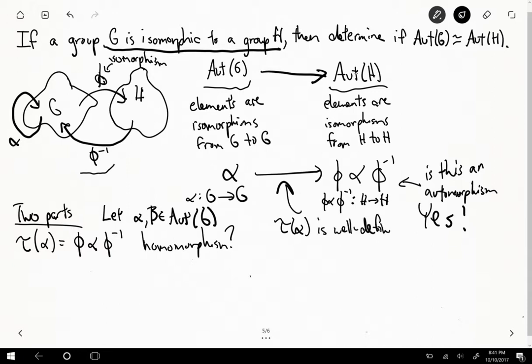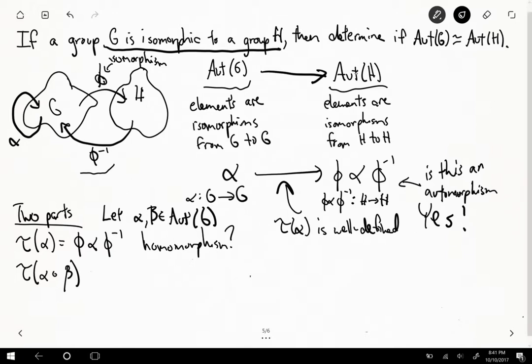So yeah, the question was, can we refer to this as a proof of transitivity? I'm actually asking you to write this up because I think it's good practice for all of you, even though it might have appeared on your homework already and you have a possible rewrite. All right, tau of alpha equals this nice little map here. Is it a homomorphism? If we have alpha and beta in the automorphisms of G, what happens when we look at tau of alpha composed with beta?